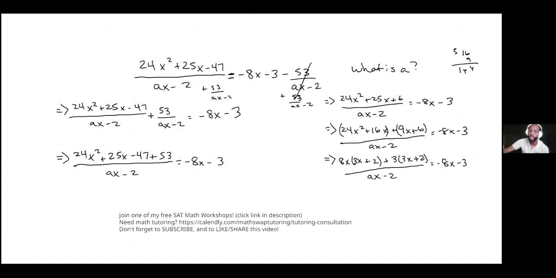So now we can factor this 3x plus 2 out. It's going to be 3x plus 2 times 8x plus 3 over ax minus 2 equals negative 8x minus 3. Now, if you recall, you can swap these. It's like a type of cross multiplication, but you can put this up here and you can put that down there. Okay, so let's do that.